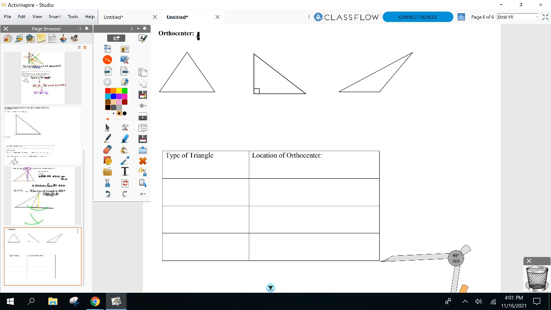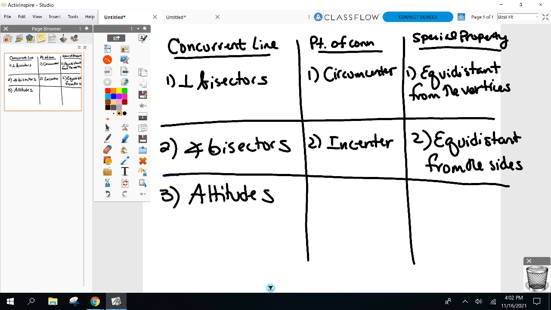That is the point of concurrency for the altitudes of a triangle. All 3 altitudes intersect at what's called the orthocenter.